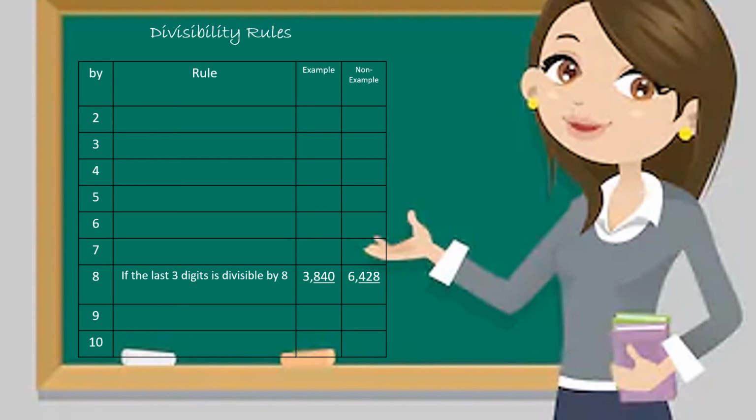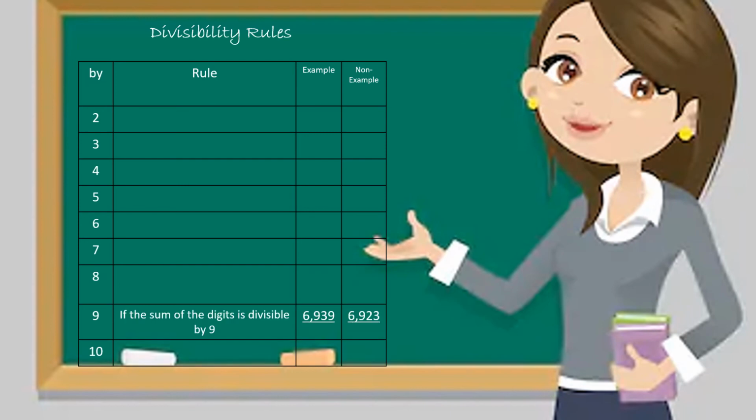Okay? Okay, malalaman natin ang isang number is divisible by 9 if the sum of the digits is divisible by 9. So, i-add natin lahat ng digit ng number. Okay, example, 6,939. So, i-add natin yung 6, and then 9, and then 3, and then 9.